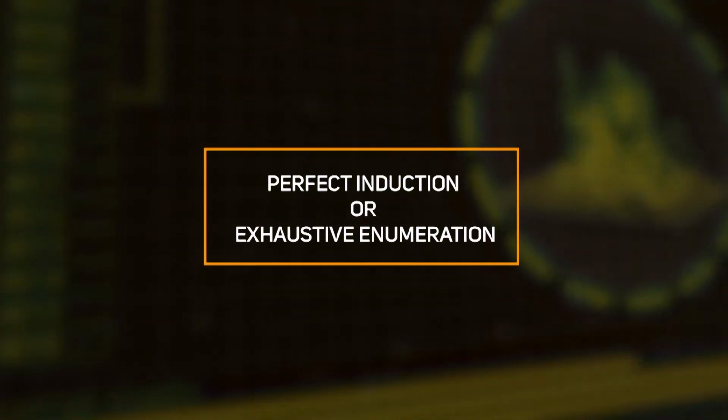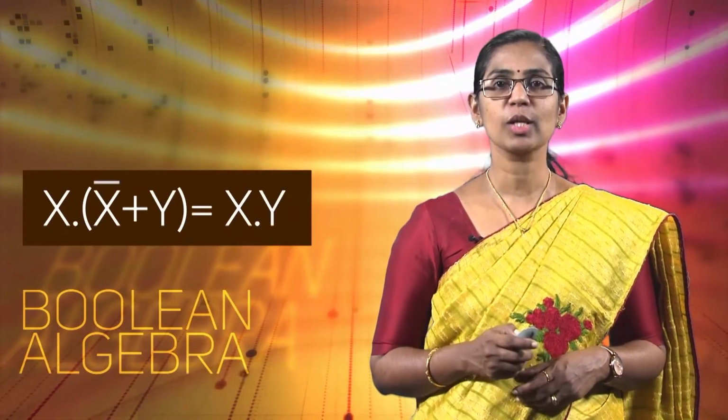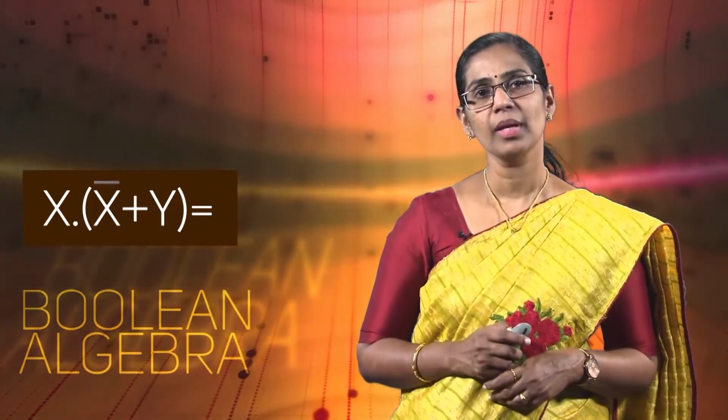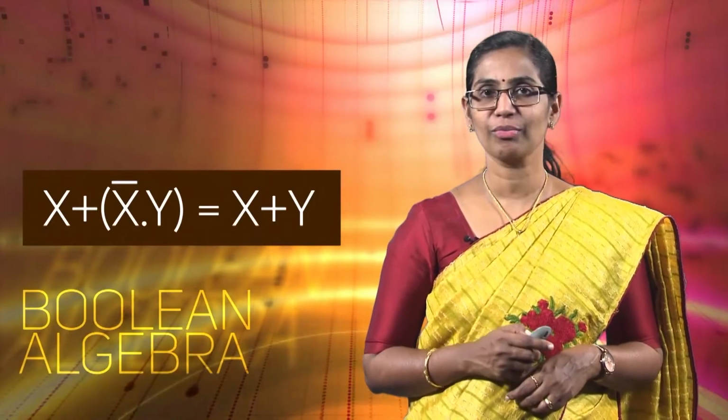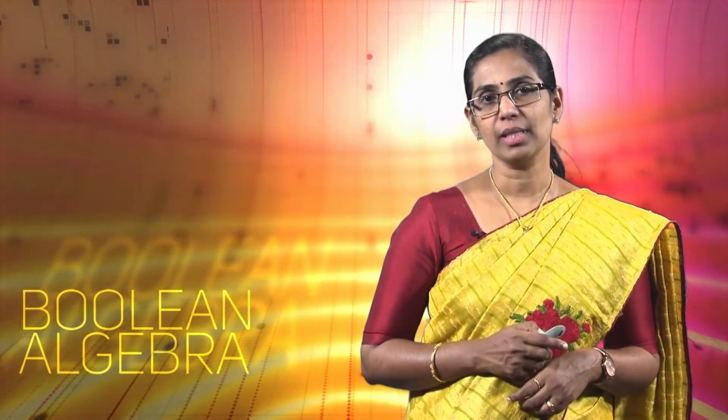We have a few more theorems to discuss, and the next is x dot (x complement plus y), which is equal to x dot y. And the dual of this theorem is x plus x complement dot y equal to x plus y. Let us prove this theorem by the method of perfect induction.